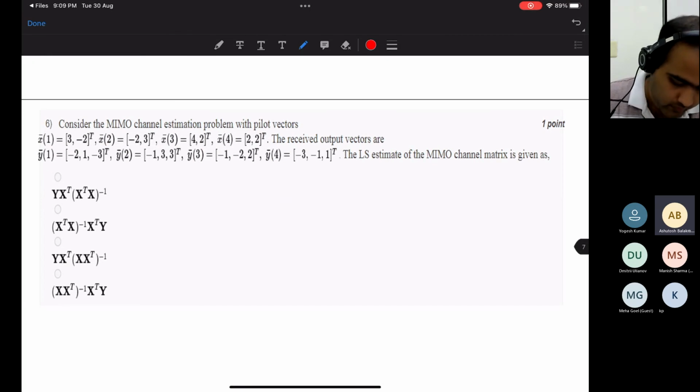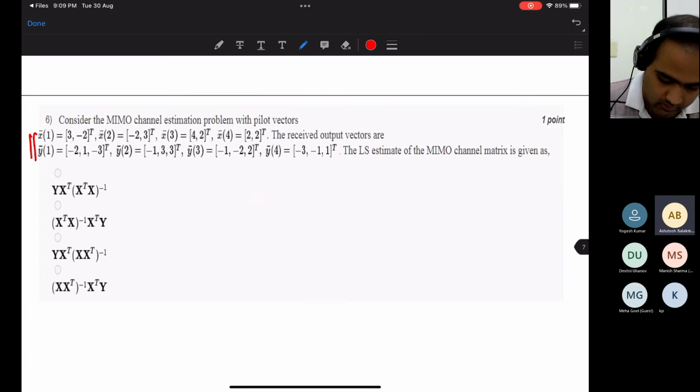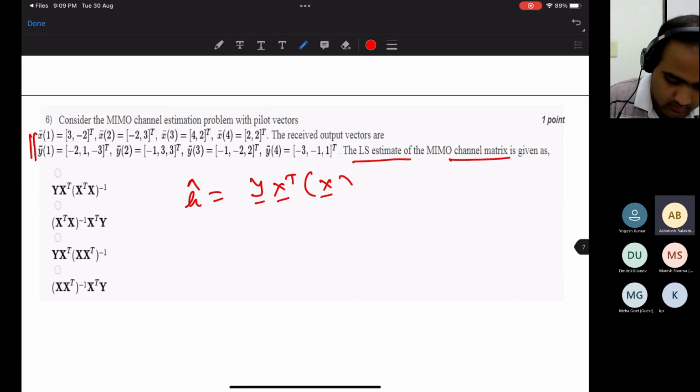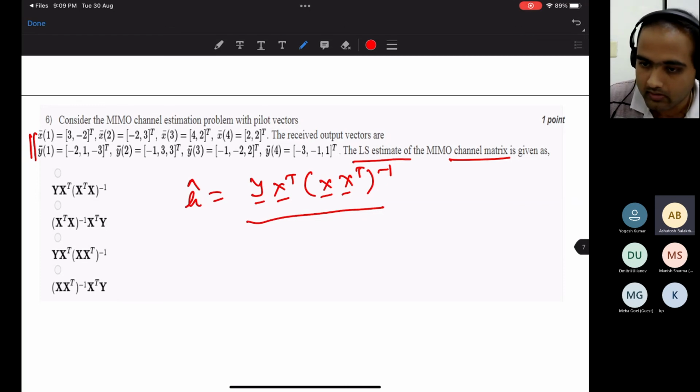So this is still the previous question. The system model is same. The least squares estimate of the MIMO channel matrix is what he has asked. So let us see how you compute the least squares estimate. H hat is Y X transpose times X X transpose inverse. This is as we discussed before, and it is also done in the class derivation.